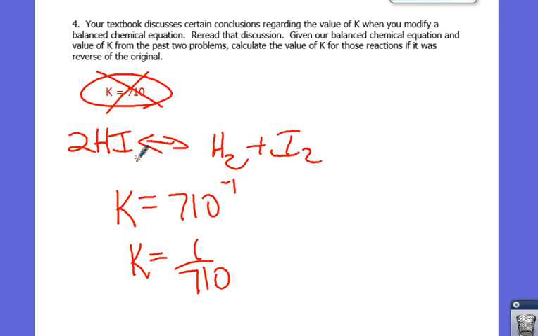So for this reverse reaction, it would be 710 to the negative 1 power, or K is equal to 1 over 710. All this means is that K reverse is equal to the inverse of K forward. This is not like an equation. This is just a concept that if you end up reversing the reaction, you could take an equilibrium constant's inverse, and it works just fine.